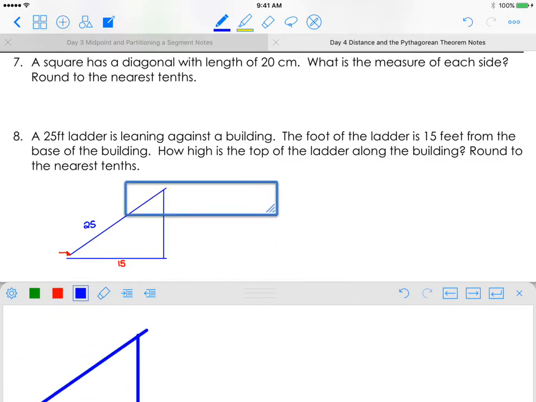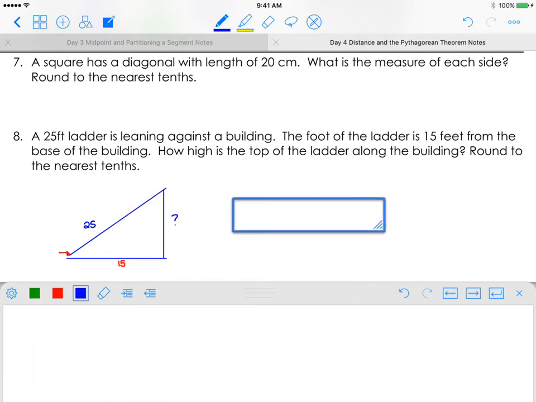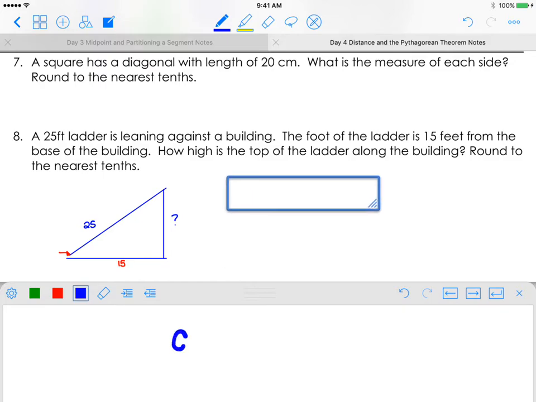How high? So it wants to know the length of this long side. So again, we've got a squared plus b squared equals c squared.